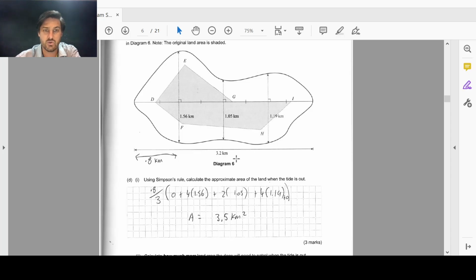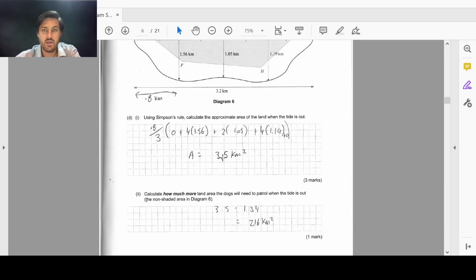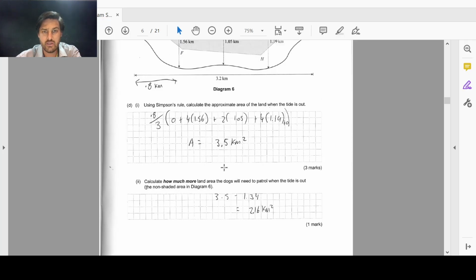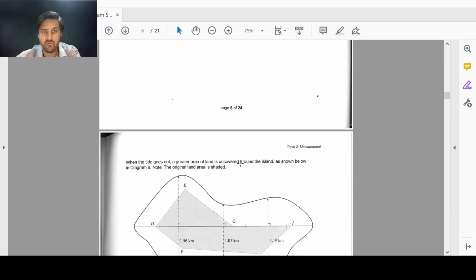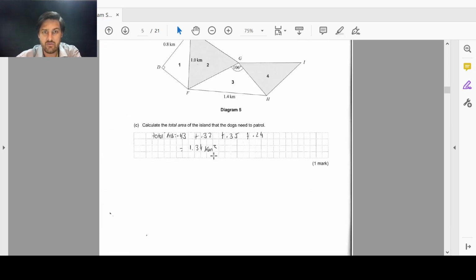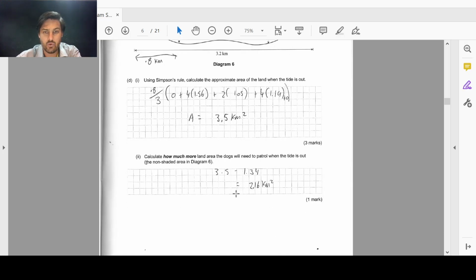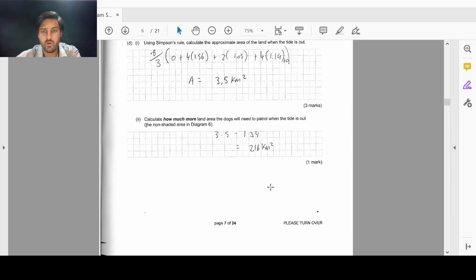So 3.2 divided by 4 will give us 0.8. 0.8 divided by 3, W over 3, and then that Simpson's rule formula there, which would be 3.5 kilometers squared. All right, and then all we're doing is taking our value from there, 3.5, taking it away from the value we got from this question here, doing 3.5, take away that value, and we get 2.16 kilometers squared.